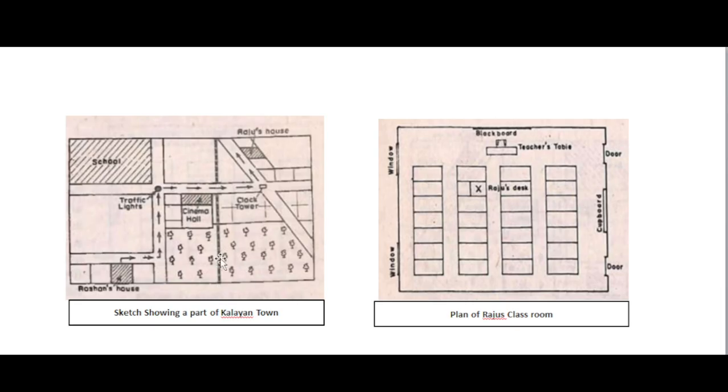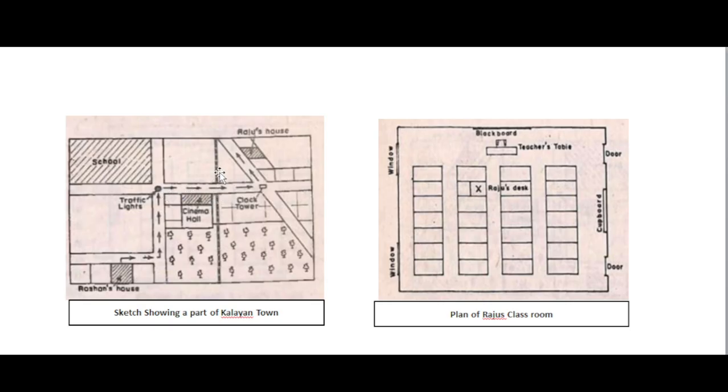So Raju may say, as you come out of your home onto the road, turn right and walk past the cinema hall and cross the railway overbridge.